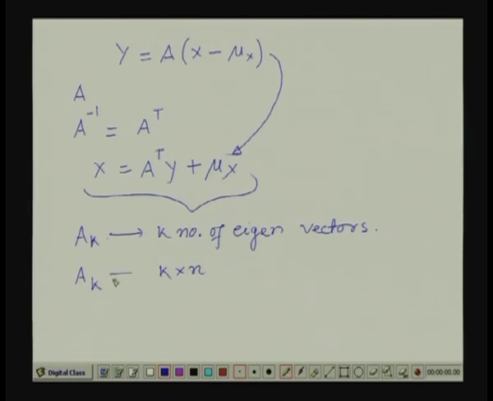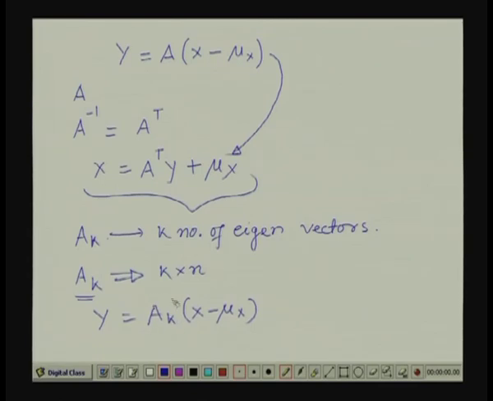So, the matrix AK will be of dimension k by n, and the inverse transformation will also be done in a similar manner. So, using this transformation matrix AK, now I apply the transformation. So, I get y equal to AK into x minus mu x.